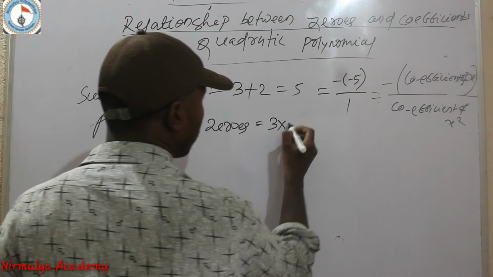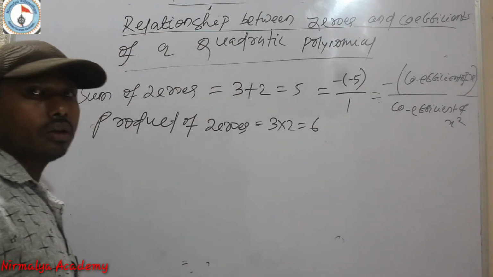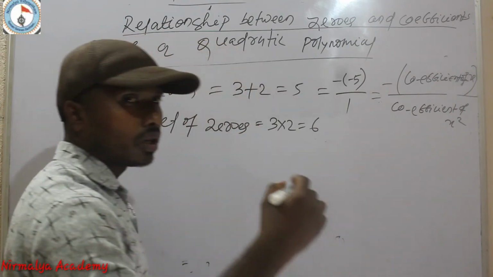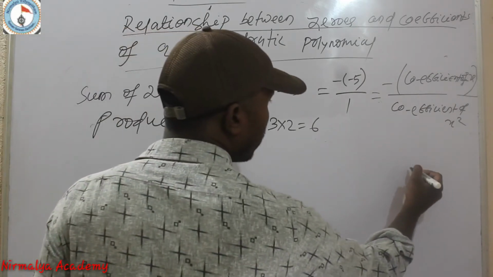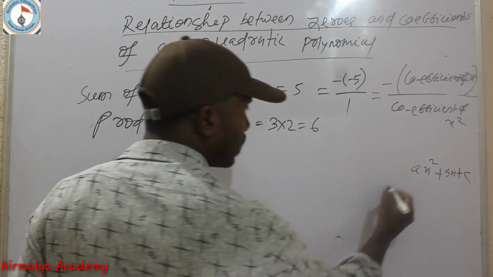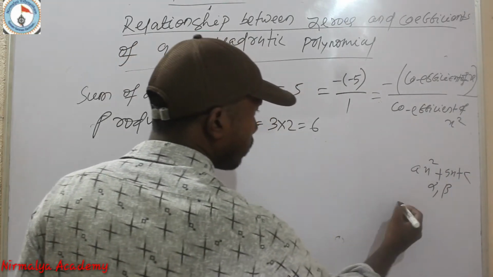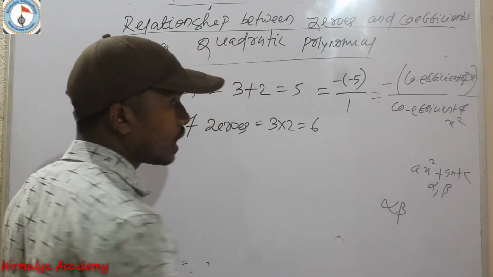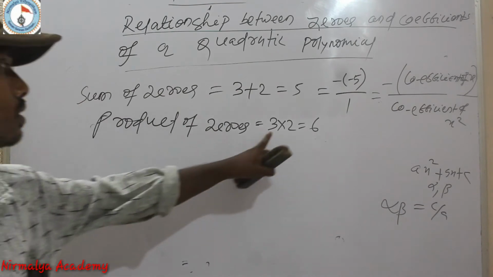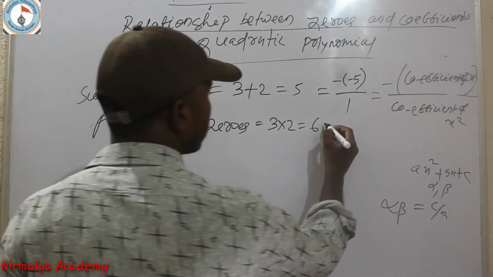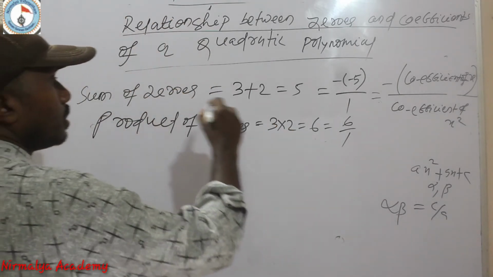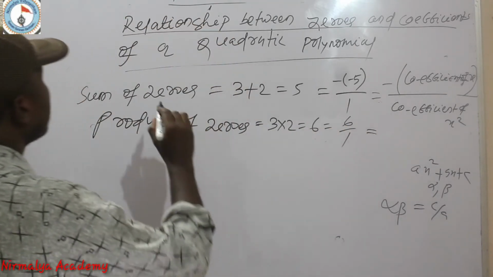3 into 2, that equals 6. So actually, for a quadratic polynomial ax square plus bx plus c, let its zeros be alpha and beta, then the product of zeros alpha into beta is always c by a. So product of zeros 3 into 2 is 6, that equals 6 by 1, so 6 is the constant term.